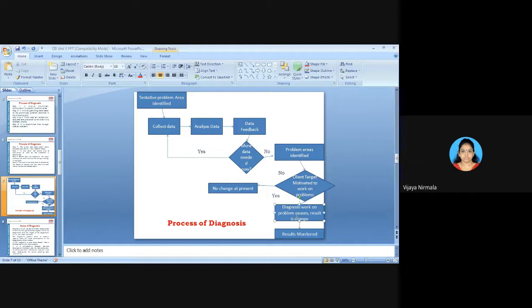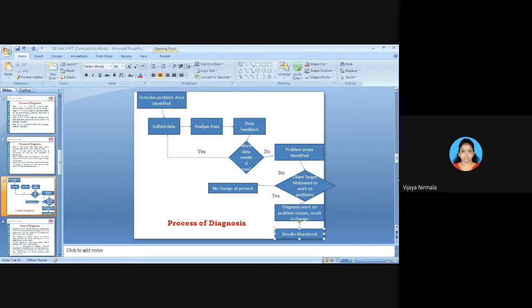And in step 8, based upon the diagnosis and the target system, the change strategy is designed. And the last step is results monitored. The results are monitored to determine the degree of change attained versus the desired change goals.